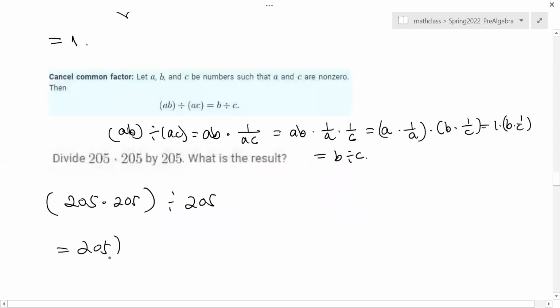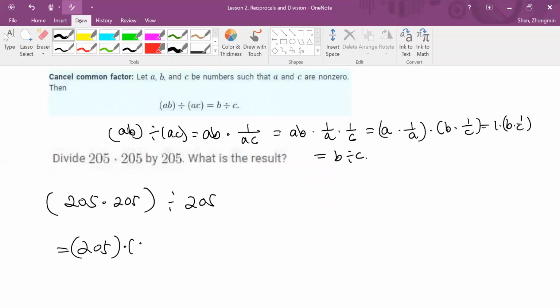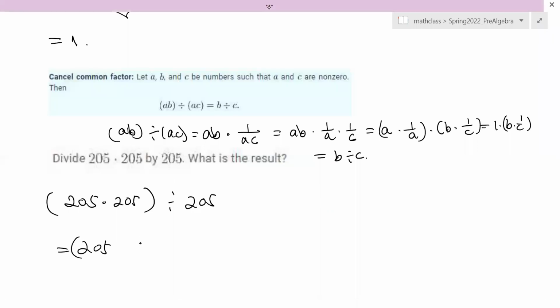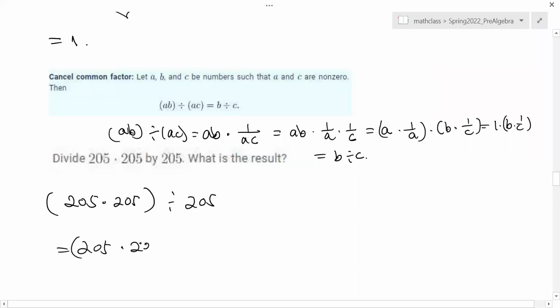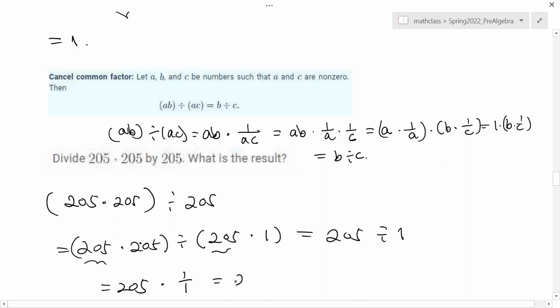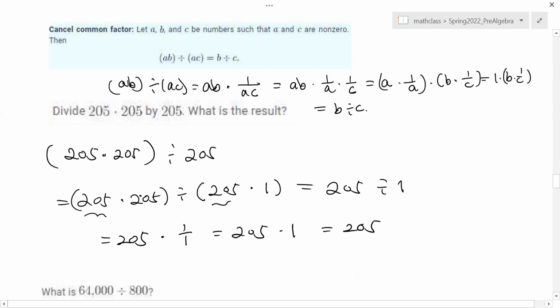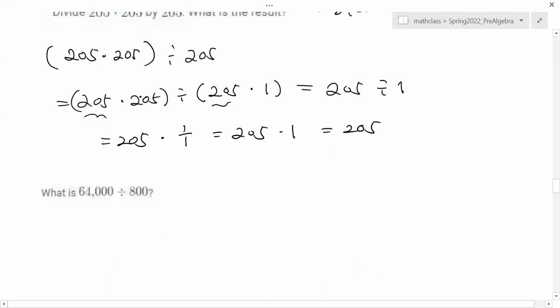If you want to apply the above formula, you need to express it in the following form: 205 times 1 in the denominator. Then the 205 is the same number, so it can cancel out, and dividing by 1 is just multiplying by 1 over 1, and 1 over 1 is 1. That's just 205. Okay.